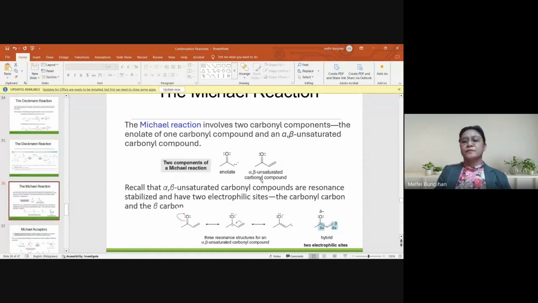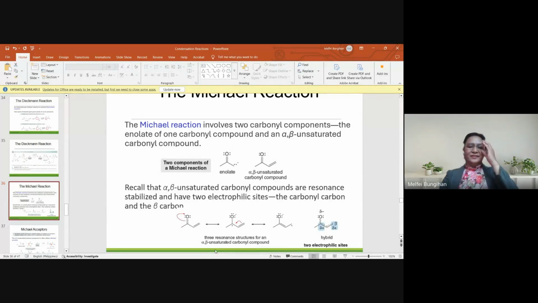So you form the carbocation once you delocalize the electron rich part of the molecule. And so you will have hybrid electrophilic sites. And in that case, your enolate will have to choose which one is the better electrophilic site.